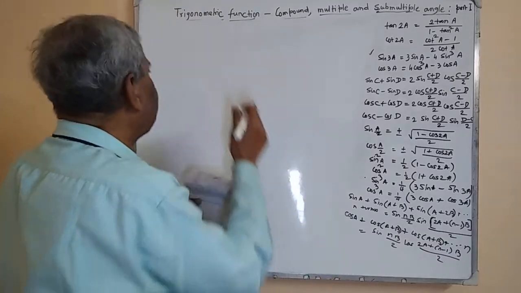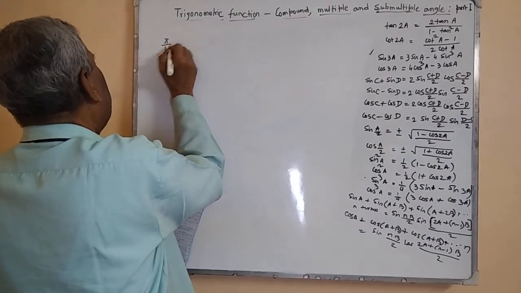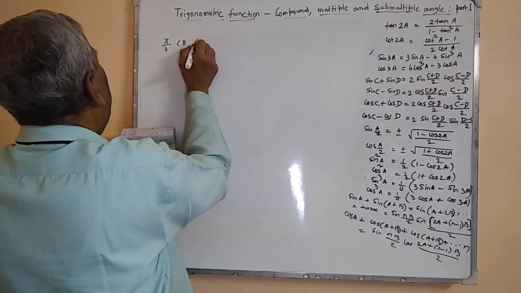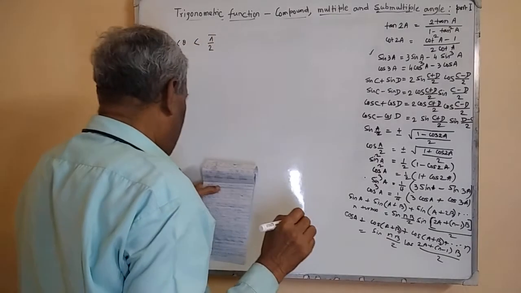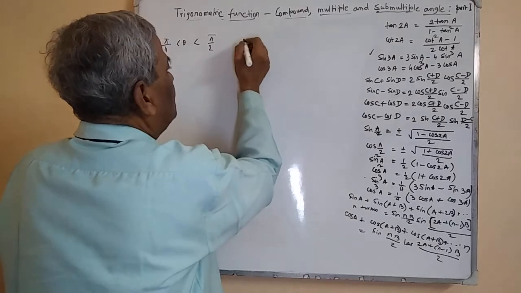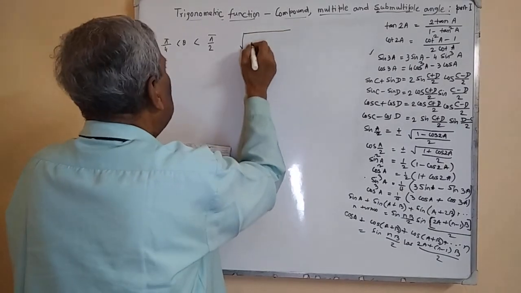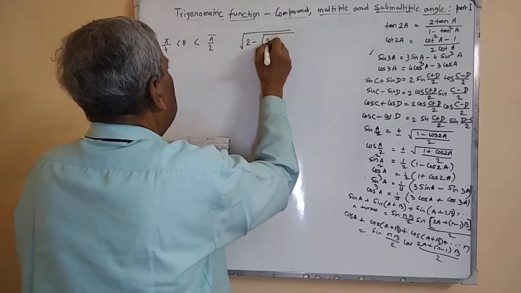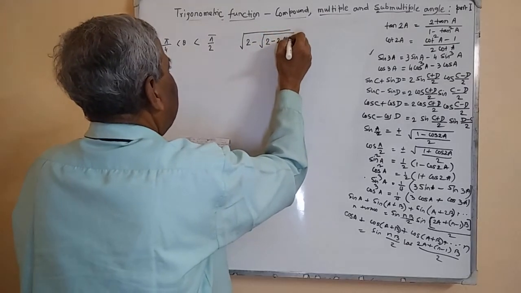if pi by 4 is less than theta less than pi by 2, then the value of root over of 2 minus the square root of 2 minus 2 cos 4 theta.